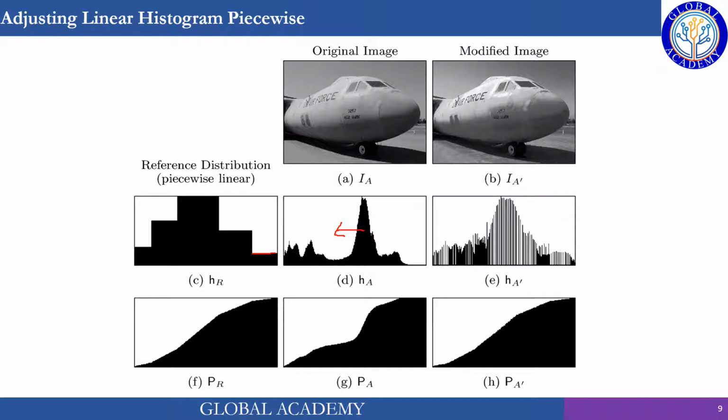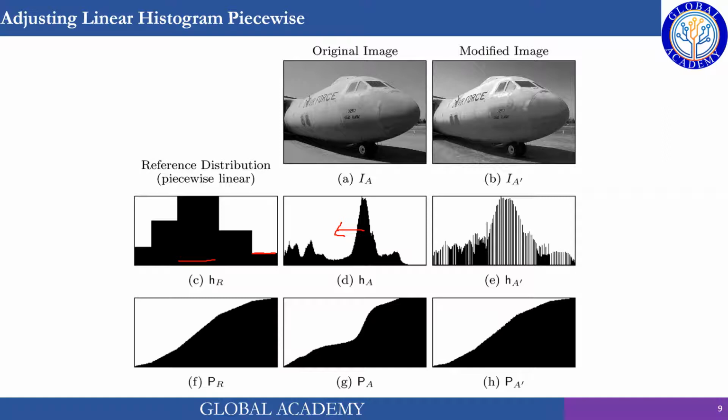So we would like to specify or transform this image in a way that we get approximately a histogram similar to this one. In other words, we would like to transform it so that we get more density in this region and with some white color.